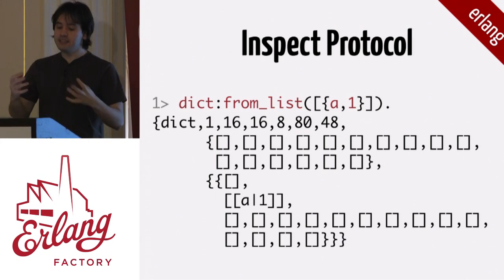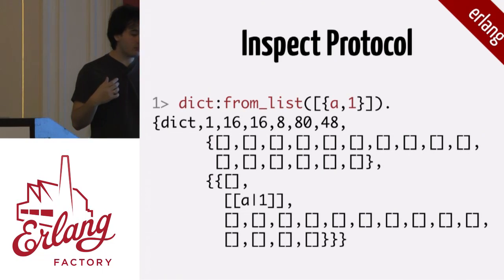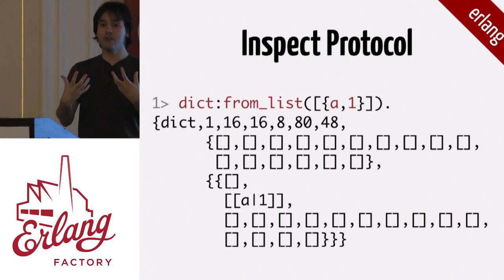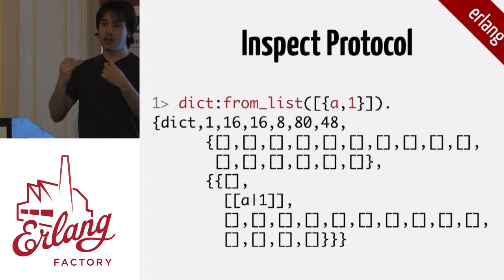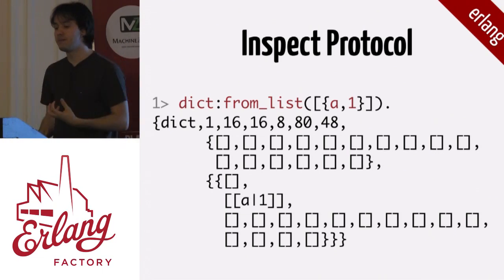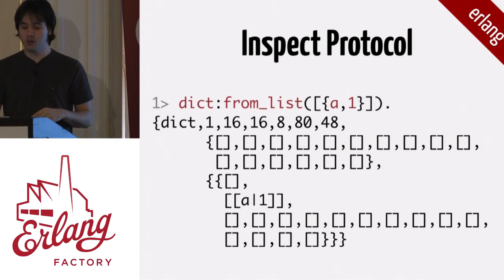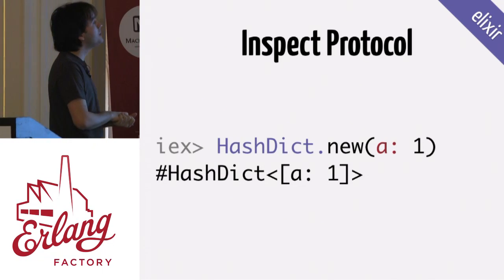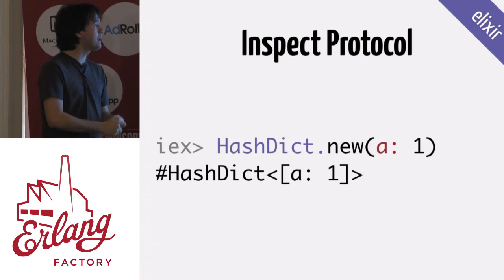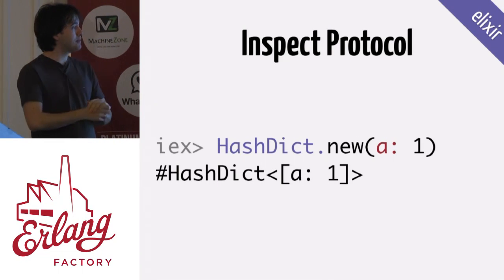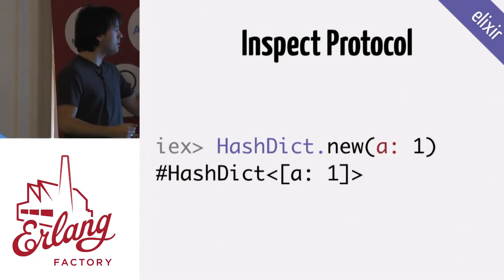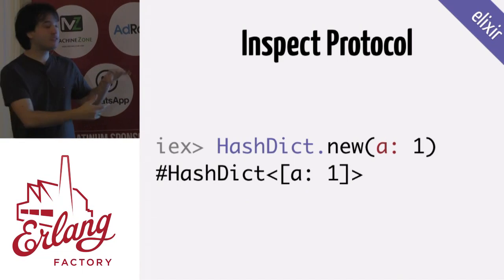And again, it's the same issue, right? We actually want to ask the data type, what is the best way for you to represent yourself to a developer? And that's exactly what we did with Elixir. So in Elixir, we have HashDict, which is the equivalent of a dict in Erlang. And the HashDict implements the inspect protocol. So when you are in the terminal and you create a new HashDict, that's what you see, right?